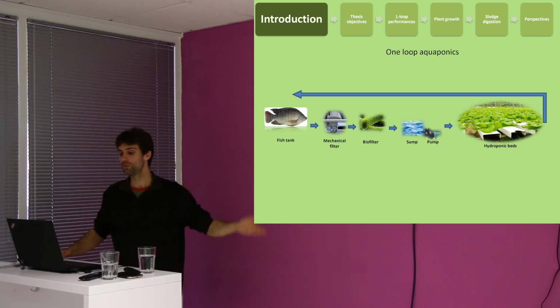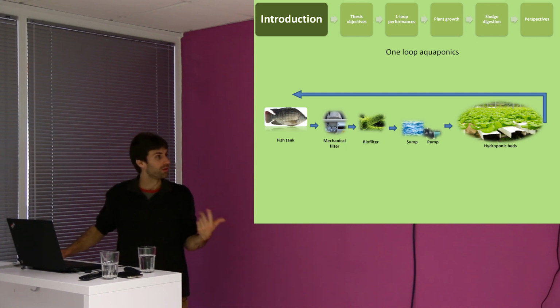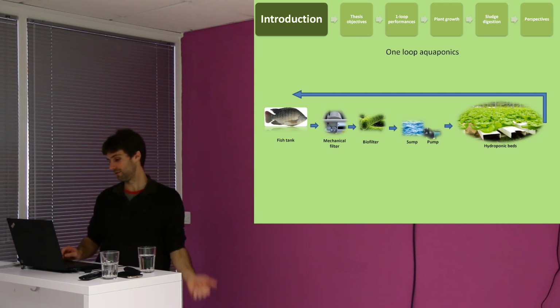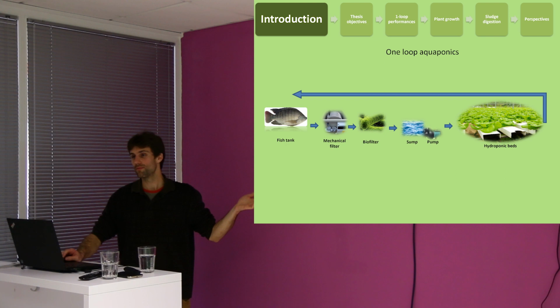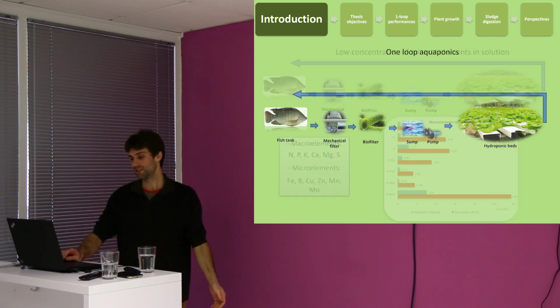So it's a one loop, one circle of water. So you have the fish tank, mechanical filtration, biofiltration, sump. That could be a recirculating aquaculture system, and just connect hydroponic beds, and you loop in one circle. I mostly studied this kind of system and looked at how we can improve this.